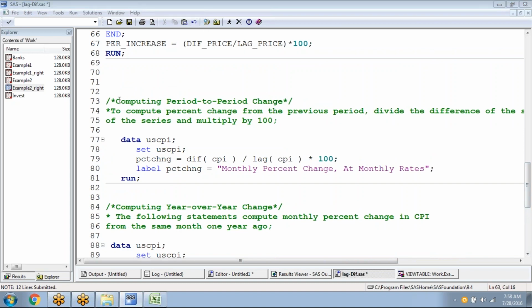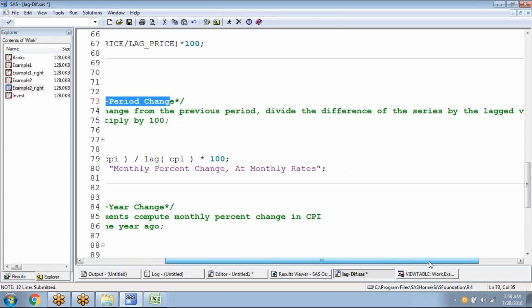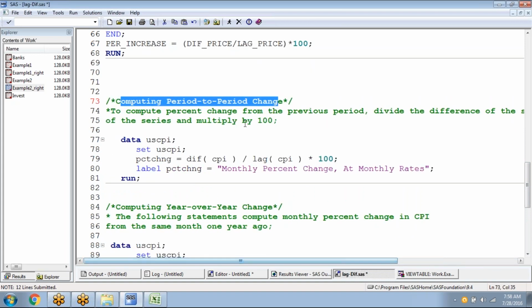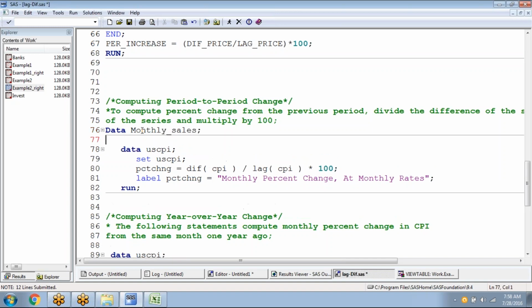Now, computing period to period change. Compute the percentage change of the previous period divided by the difference of the series of lagged values. Forget about all those things. Here the concept is you want to find the monthly percentage change. For example, let's say I take some monthly sales data: input month and sale amount.